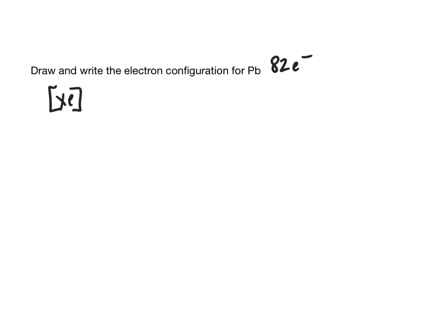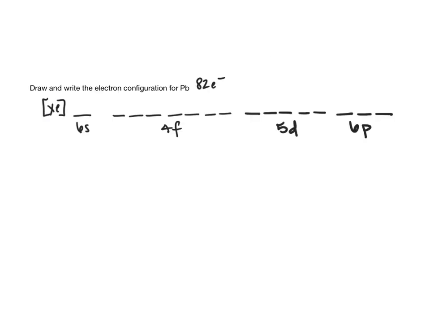And then I'm going to go ahead and draw out all my orbitals. So now that we have all of our orbitals drawn, we need to figure out how many electrons need to go in there. So 82 minus 54 that are accounted for the xenon core is going to give us 28 electrons. And so from here, we can start putting these in.